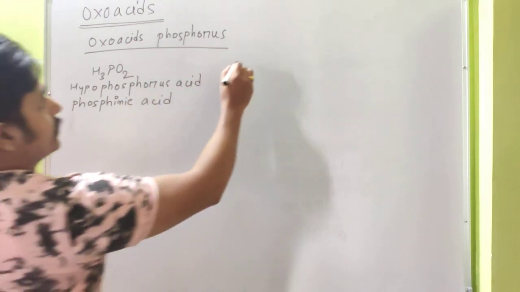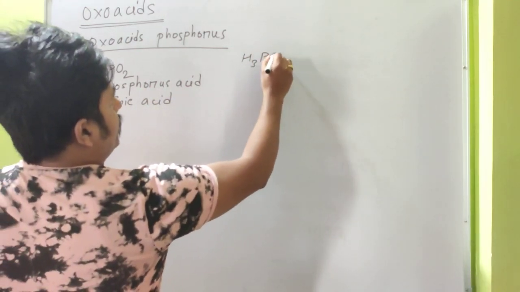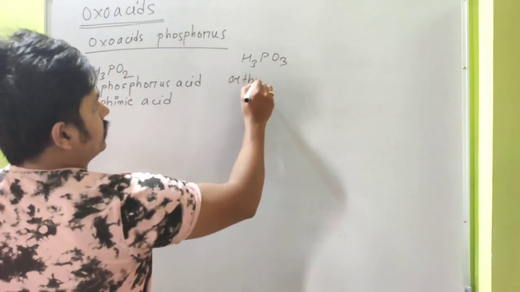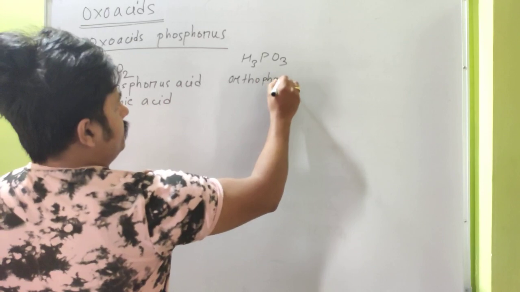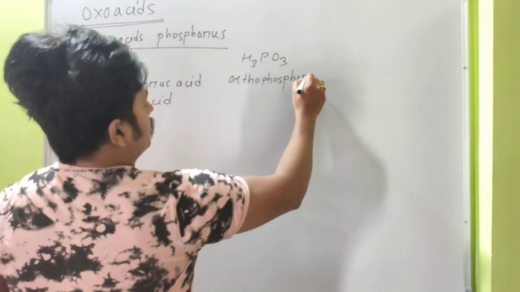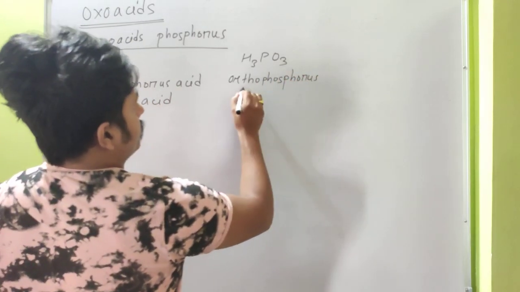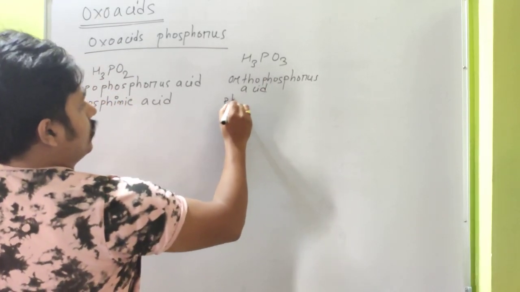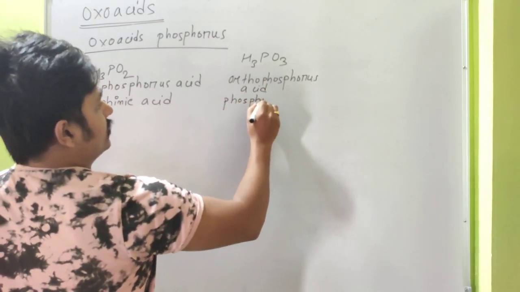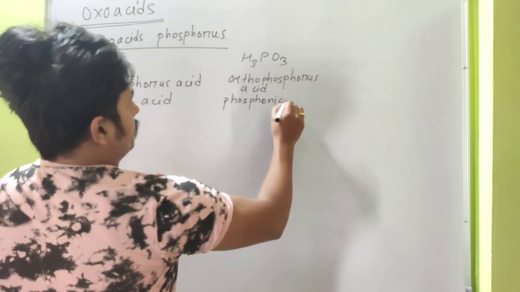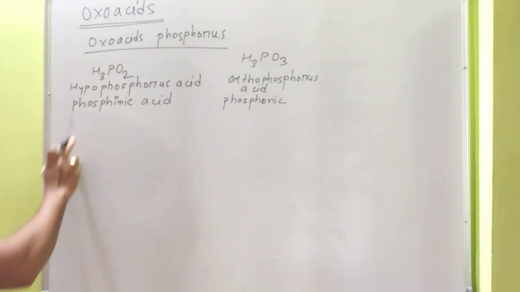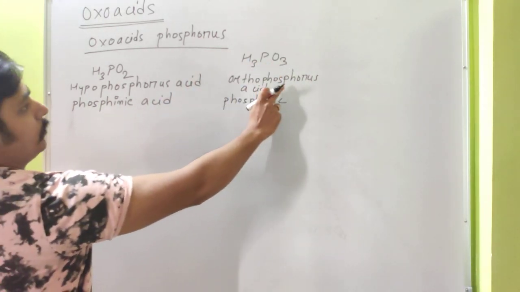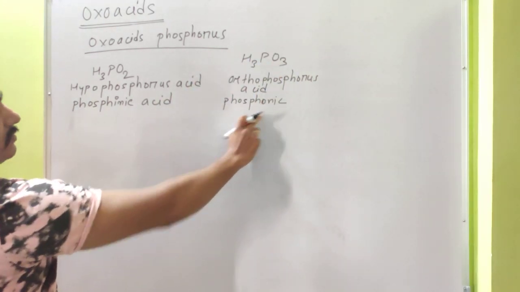Next, H3PO3, orthophosphorus acid, or phosphonic acid. H3PO2 is phosphinic acid, H3PO3 is orthophosphorus acid or phosphonic acid.